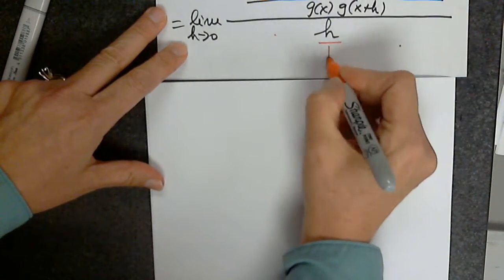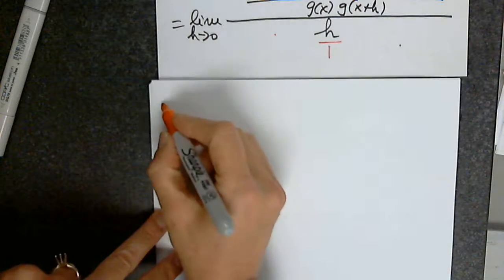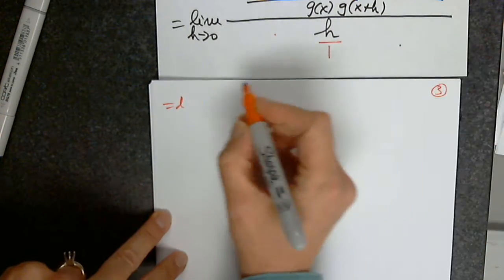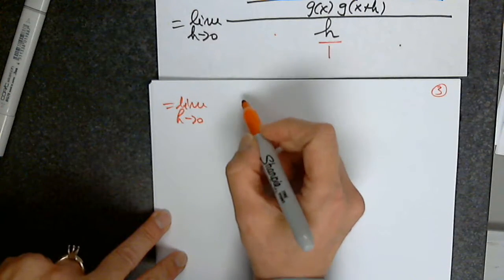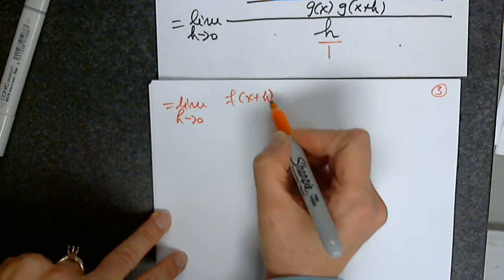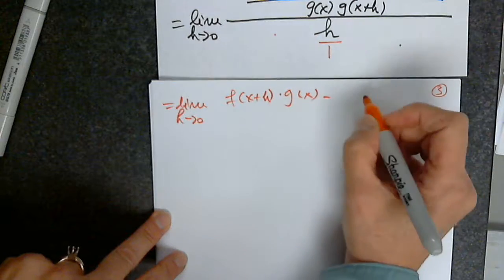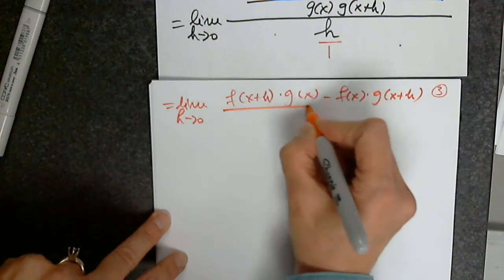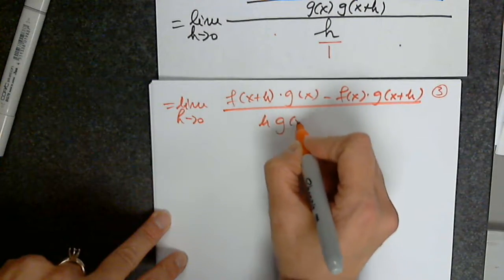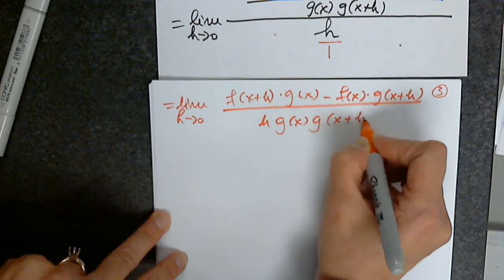This is h over 1. I'm going to flip the denominator. So this is my page 3. Limit as h approaches 0 from f of x plus h times g of x minus f of x times g of x plus h divided by h, g of x plus h.